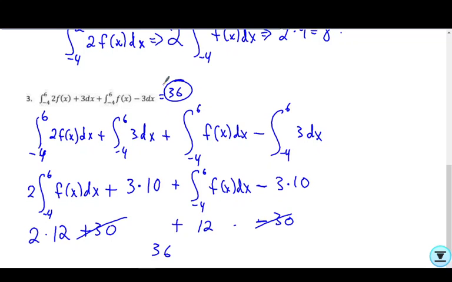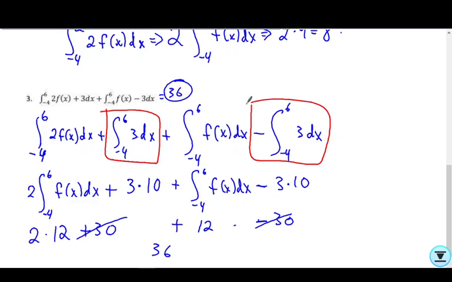Now, we could have, if you wanted to, actually come up here. If you notice, this and this are the same, so since it's plus and minus, that would have been 0 there. And then if you notice, we have 2 of these plus another one of those.